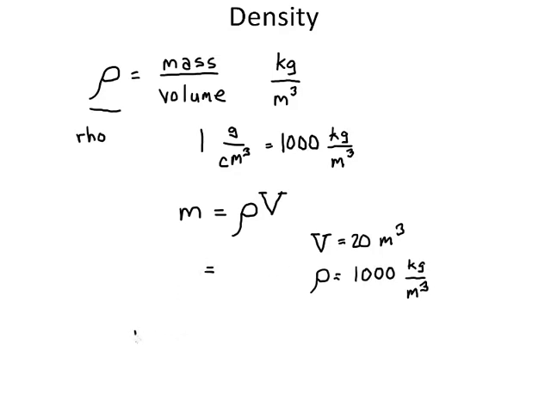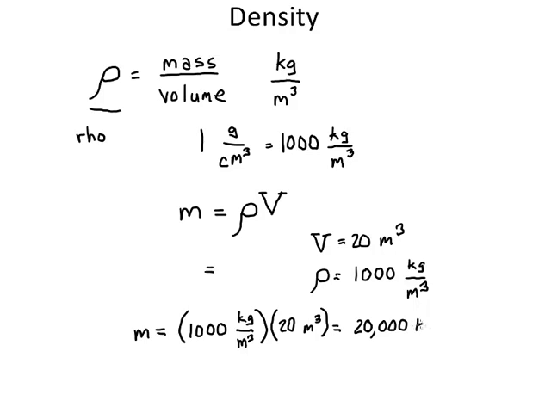So the mass is going to wind up being our density of 1,000 kilograms per meter cubed times our volume of 20 meters cubed. And the mass of this amount of water will wind up being 20,000 kilograms. Simple stuff.